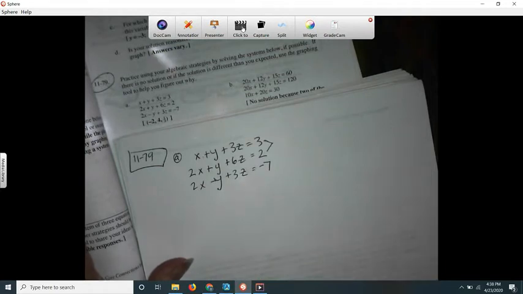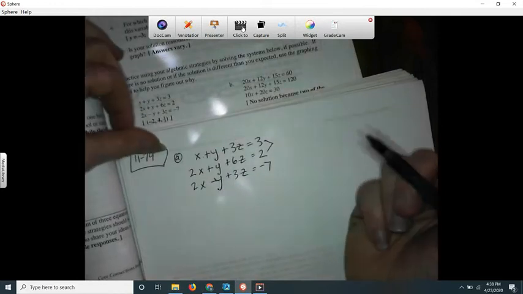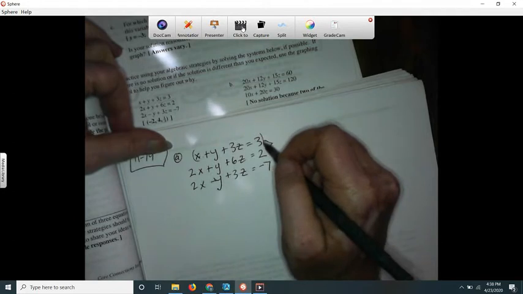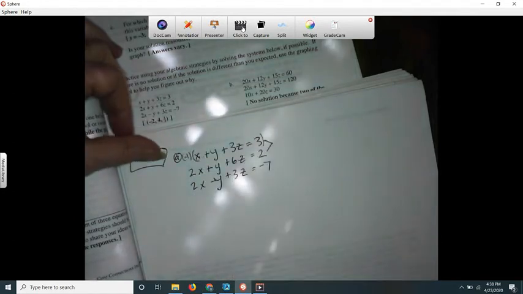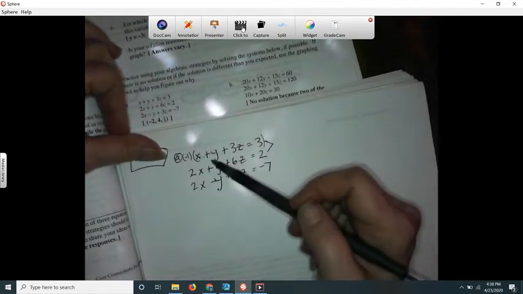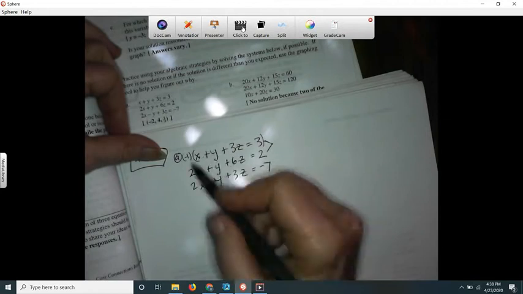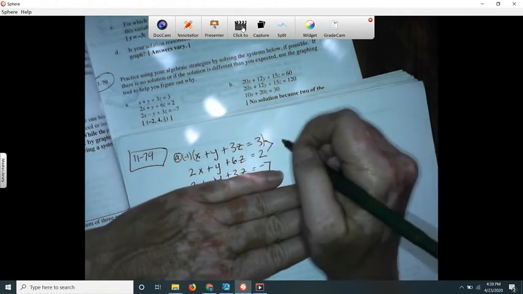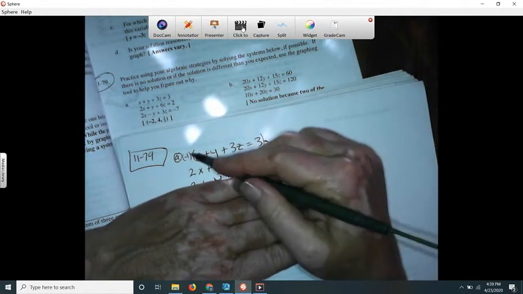So I'm going to multiply this whole top part by -1, and I'm going to do the whole thing in my mind, I hope. I'm adding it to the second equation. So -1x plus 2x, and I'm just going to write the answer. What's -1x plus 2x?